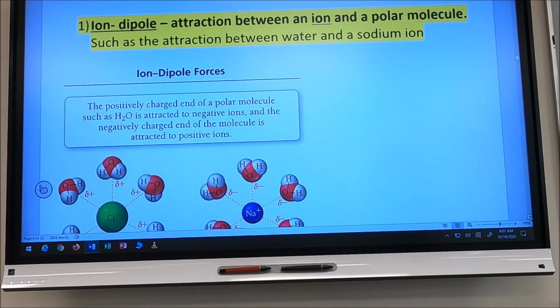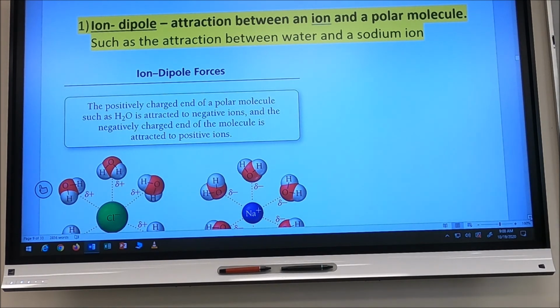The 3 intermolecular forces we're going to see right now are only seen in mixtures. The first one is ion dipole. It's the attraction between an ion and a polar molecule. This is what we see between water and the ions in something like sodium chloride or sodium nitrate. So any salt that dissolves in water does so because of an ion dipole interaction.